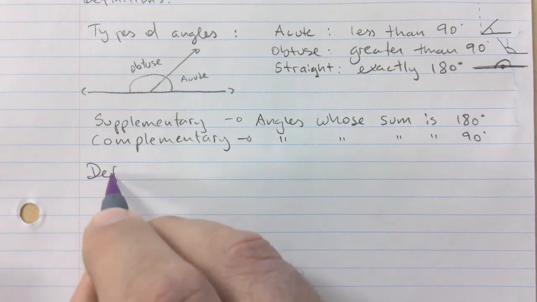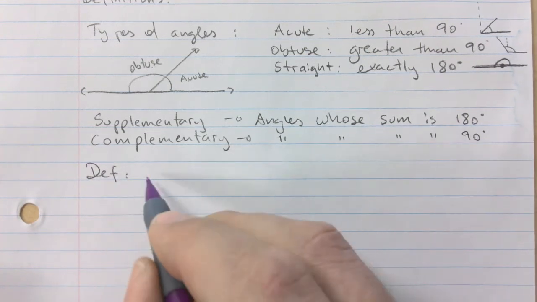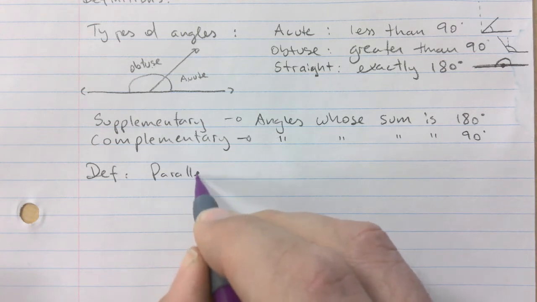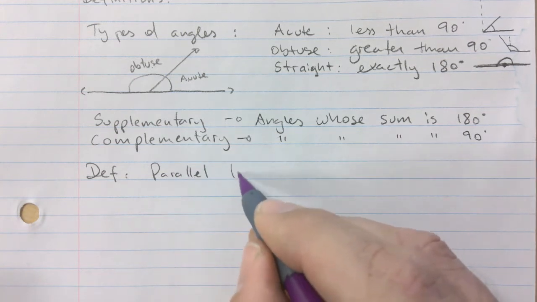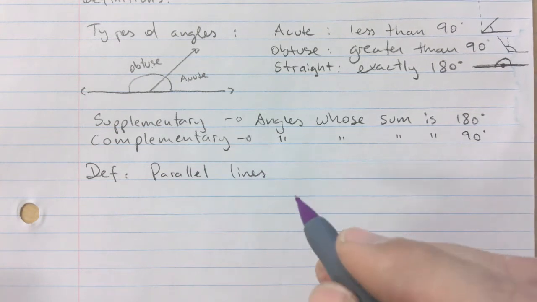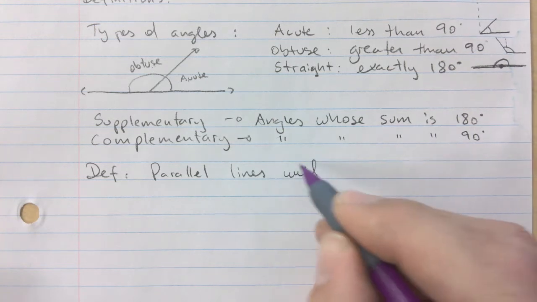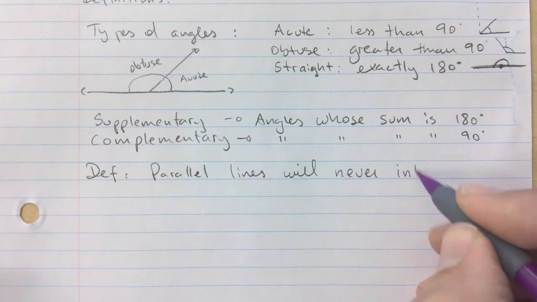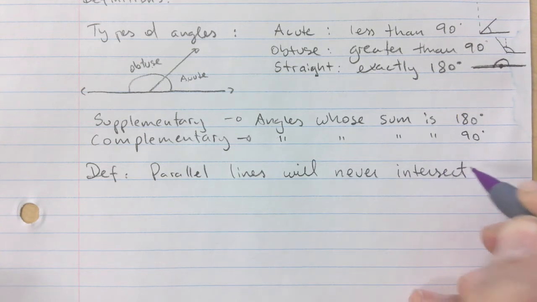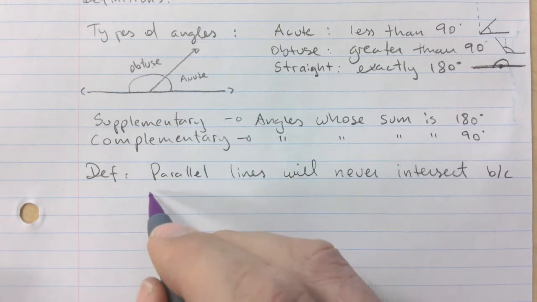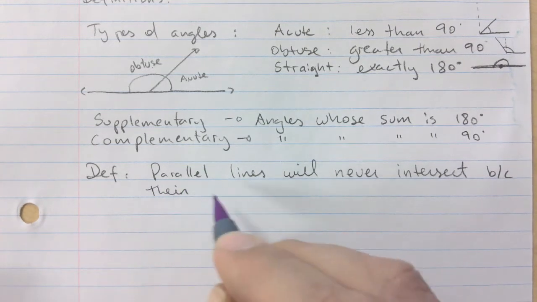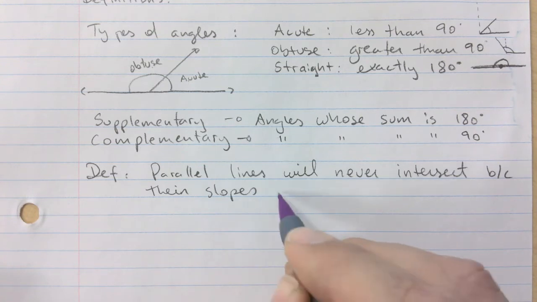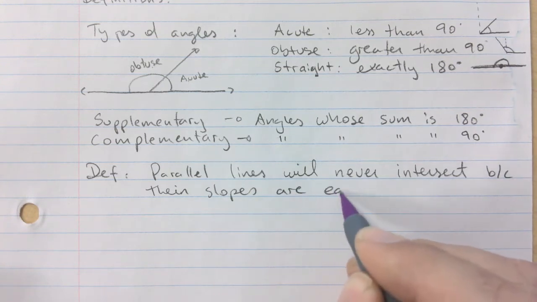Next, definitions. Parallel lines will never intersect because their slopes are equal.